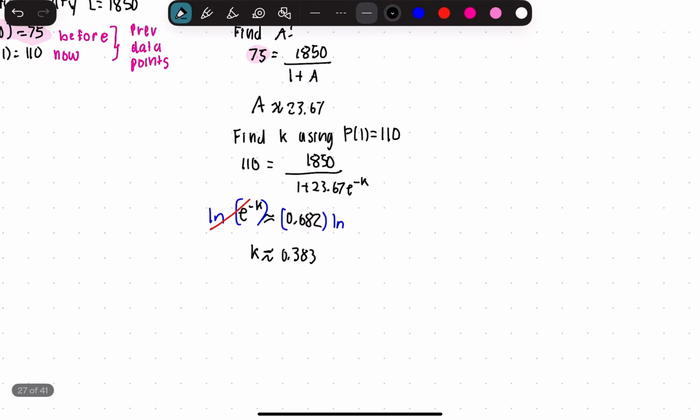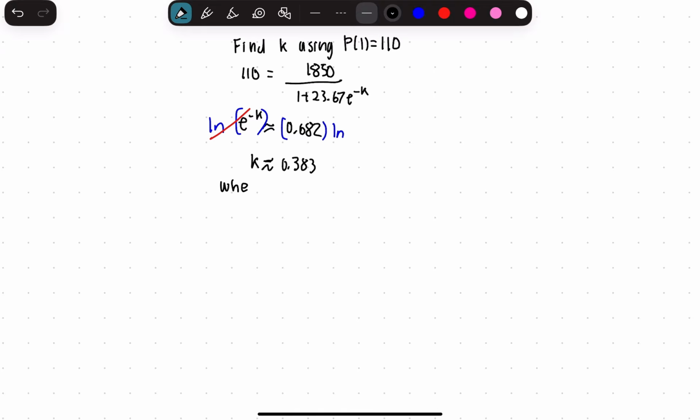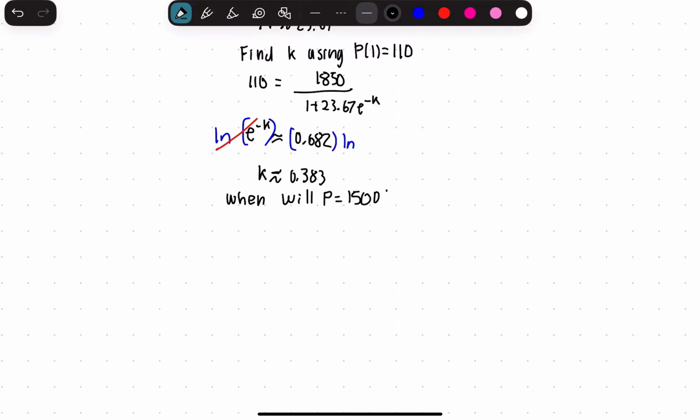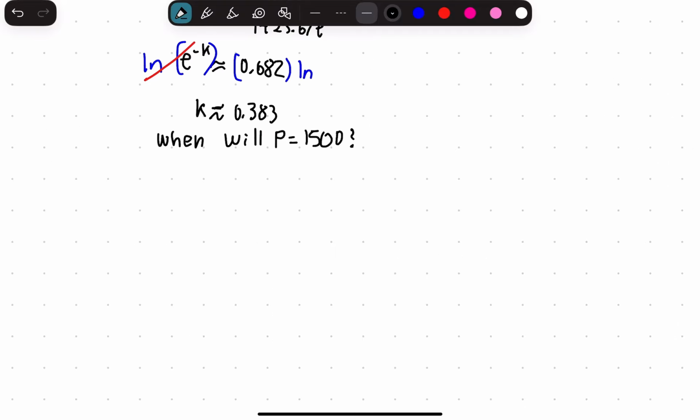So now we need to know, when will P equal 1,500? Which is what the question asks. When will we have 1,500 members in our club?